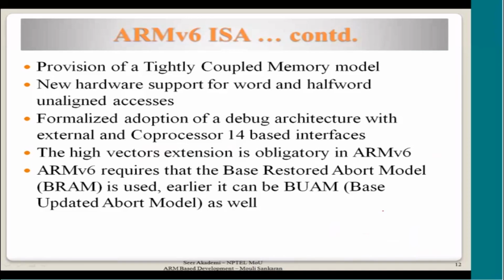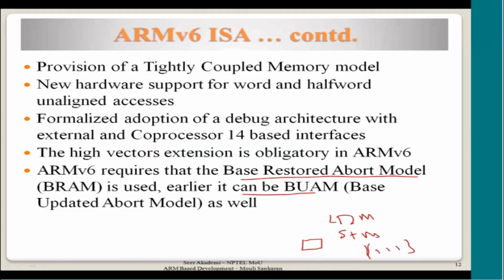So that helps you in terms of deciding where the interrupt vector table can be. And then ARMv6 requires that the base restored abort model is used. Earlier it could be only the base updated abort model. So if you recall, suppose we were doing the LDM or STM instruction, which has got a base register of course, and it was copying either from memory to registers or registers to memory.